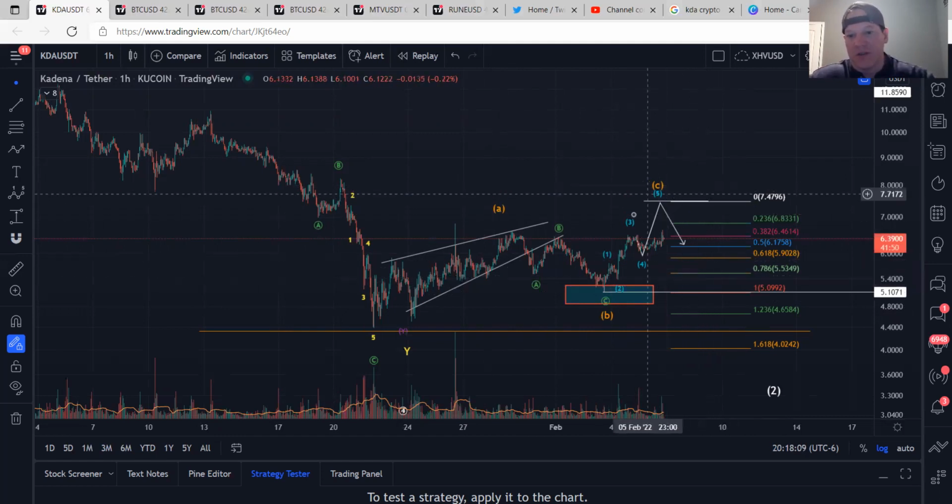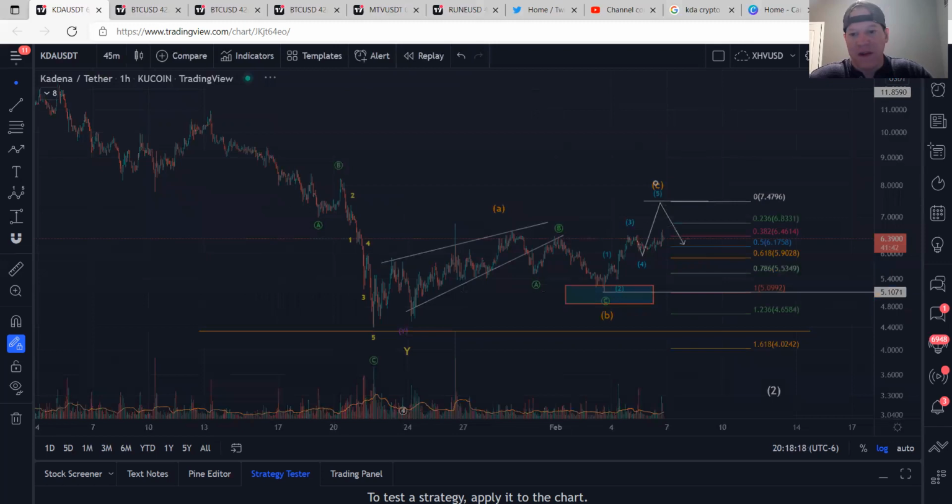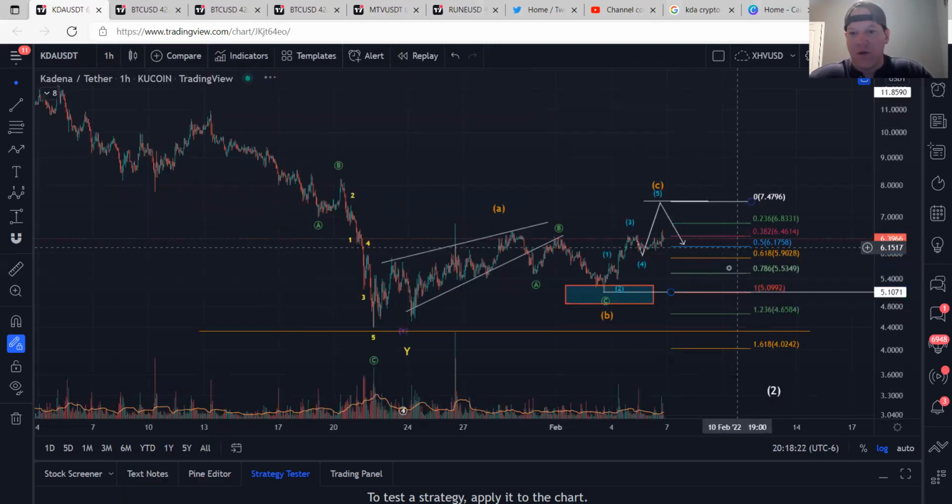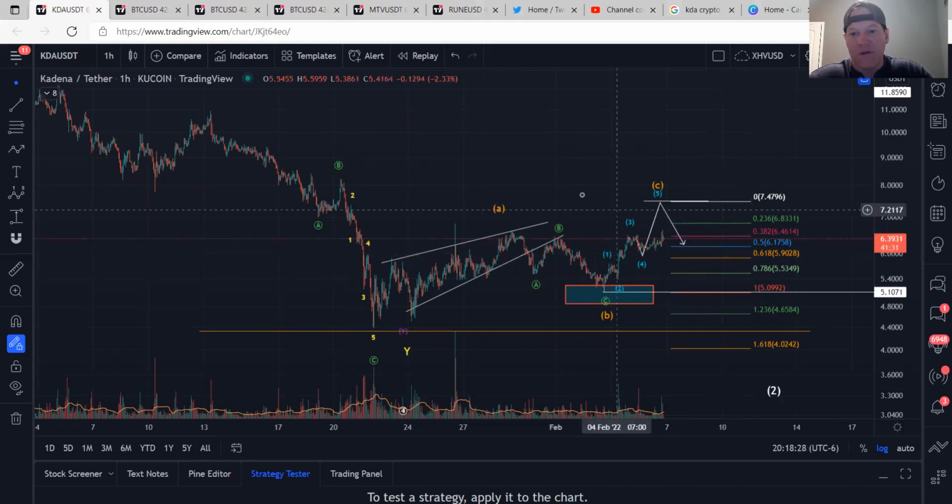But let's just assume that we do get up to this price point here, about a 750, and then we reverse, because we're going to reverse in both scenarios, or correct in both scenarios regardless. So the question becomes how we react down here in the 618 to 786 level.